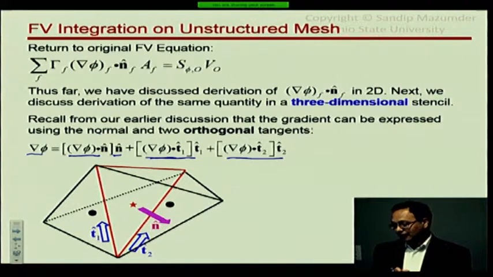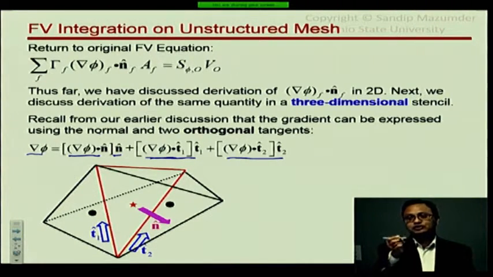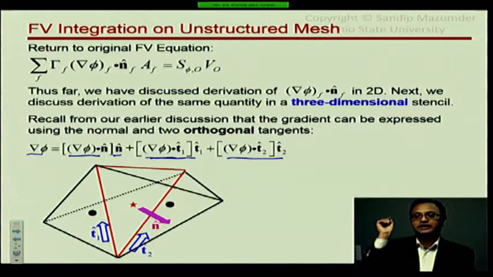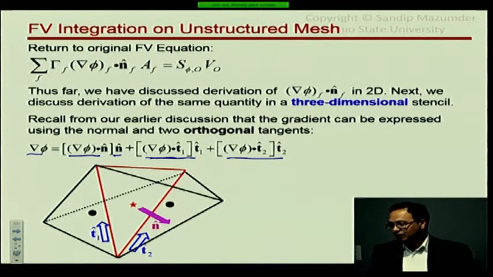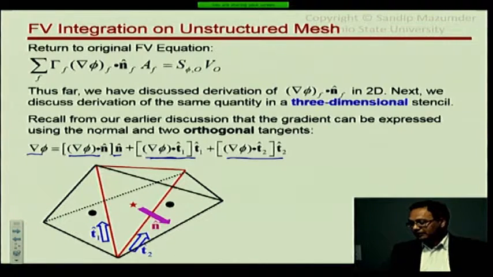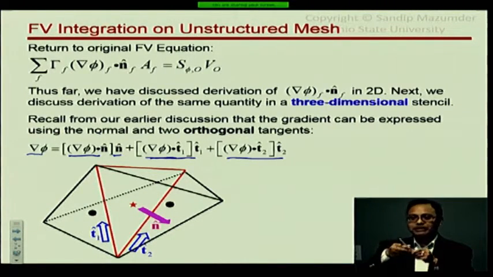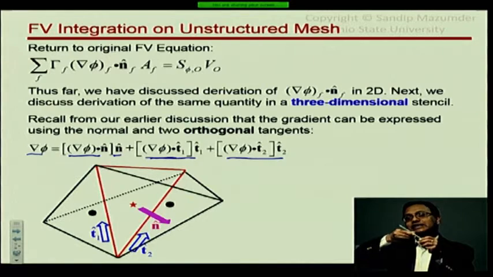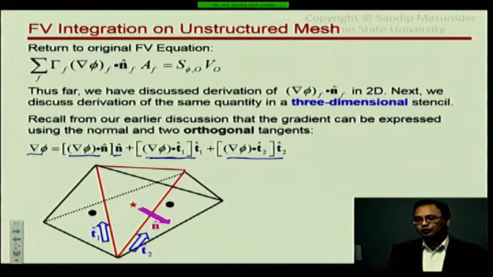And the n vector is the surface normal that's pointing out of the face. It could be pointing the other way, but in this case, let's say it's pointing out of the face. The tangents that are shown are basically along the edges of that triangle, 2 tangents. So everybody understand the geometry here?